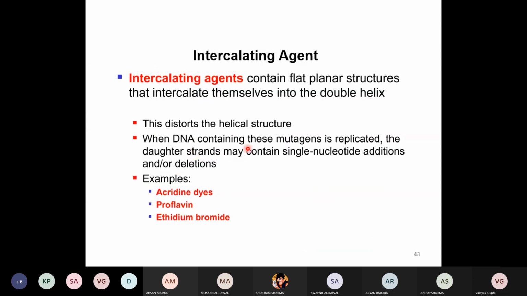When DNA containing these mutagens is replicated, the daughter strand may contain addition or deletion. These are the two consequences which are going to appear, either addition or deletion of a nucleotide. Several examples are there for the intercalating agent, like acridine, proflavin, EtBr.